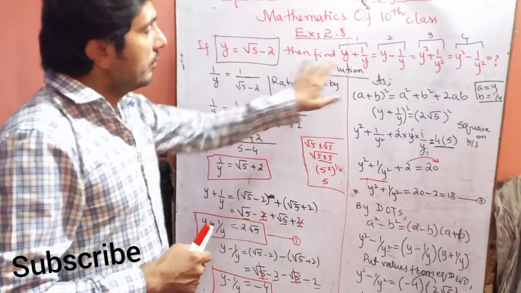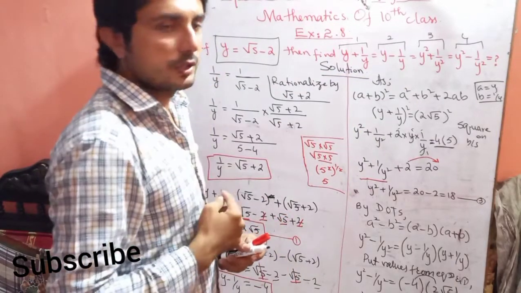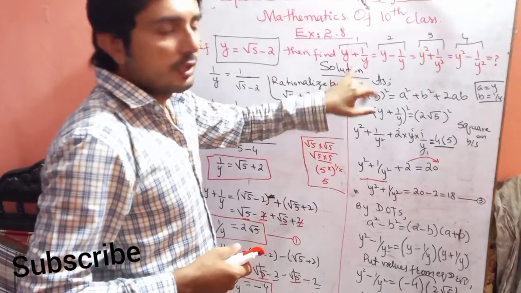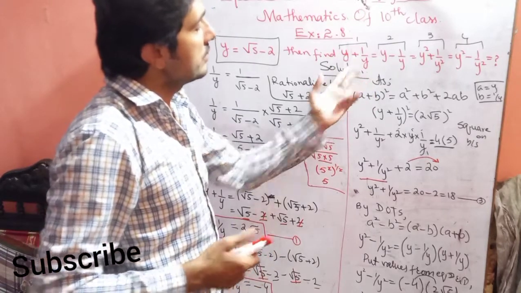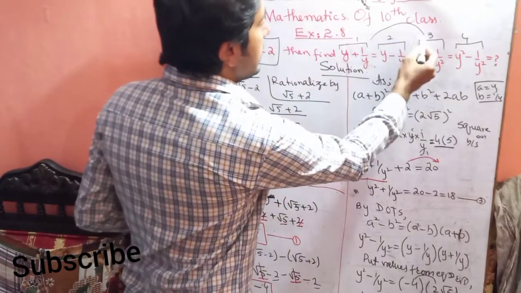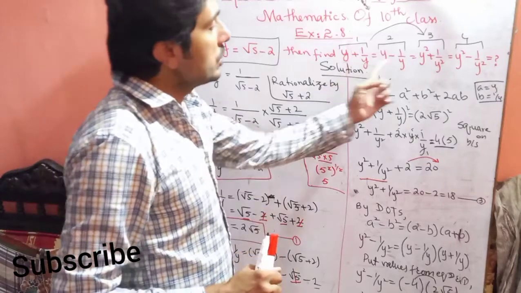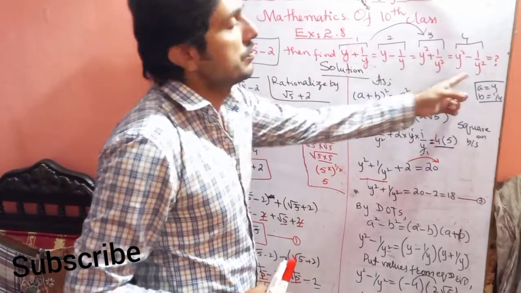Now all 4 questions do not come in a single question. They are always divided. Either they will ask you to find y plus 1 upon y, and then they will ask you to determine y square plus 1 upon y square. If both are given, then you are not going to solve both.